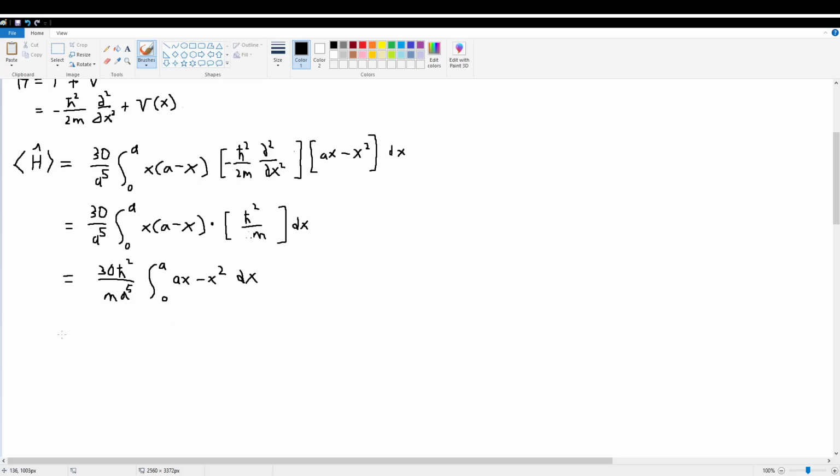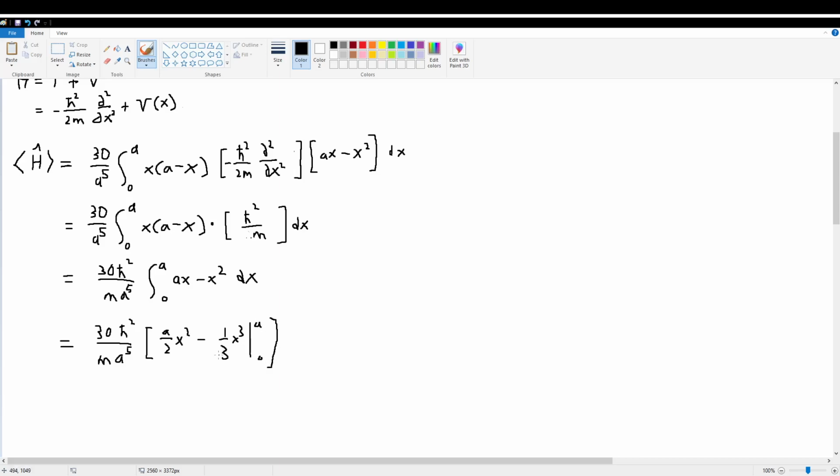And now, this is just a very trivial problem of doing this integral. We have 30 h bar squared over m a to the fifth. And we have, let's see, a over 2 times x squared minus 1 over 3 times x cubed, evaluated from 0 to a.